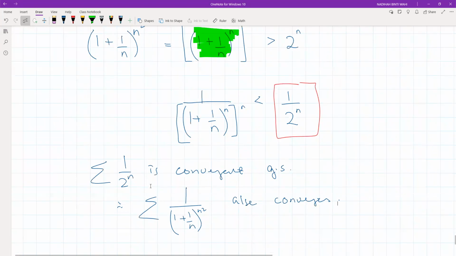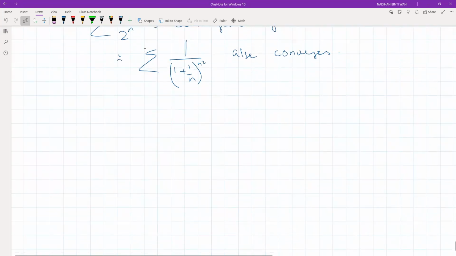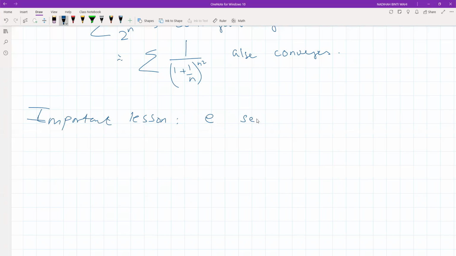Okay, the thing that you need to take into your lesson today is what? Your first important lesson is the E series, exponential. And then you also need to check your geometric series.